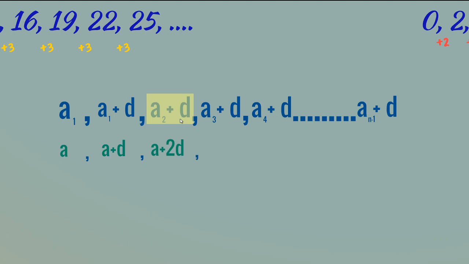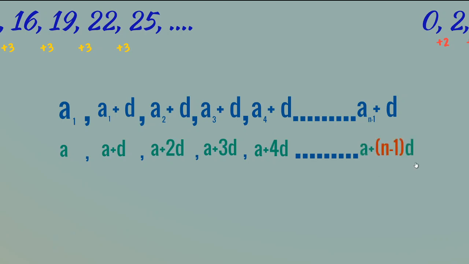Then what about the next thing? a3 plus d. a3 is a plus 2d. So a plus 2d plus d. That is a plus 3d. Then a4 plus d is a plus 4d. And so on, it keeps going on till the last term an is an minus 1 plus d. And when I'm writing it like this, it will be a plus n minus 1 times d.